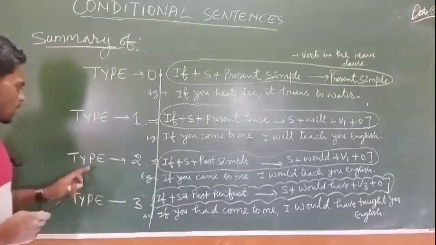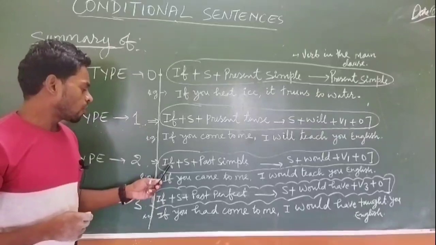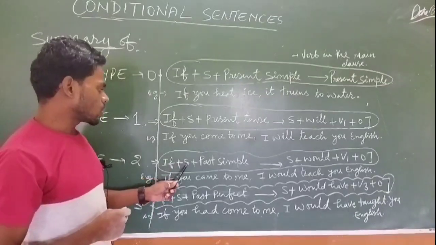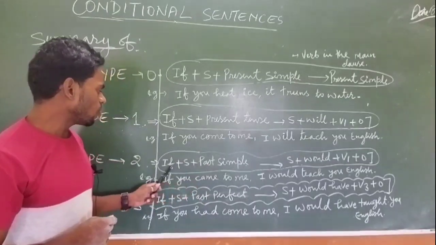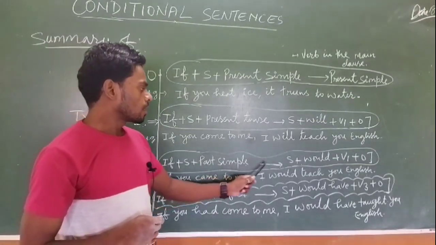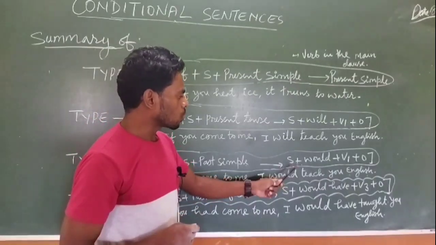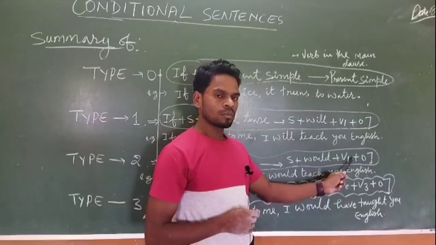Then in type 2, the if clause will be in simple past tense. So if plus subject plus past simple, then the main clause will be subject plus would plus V1 plus object.